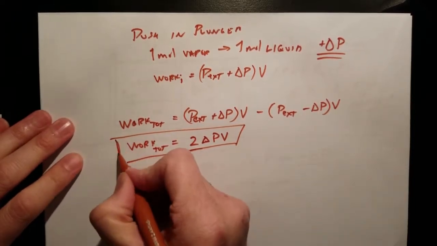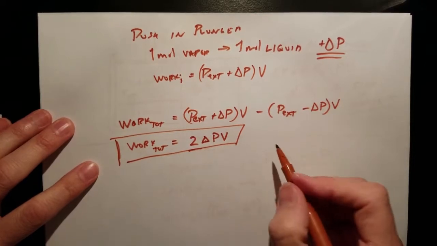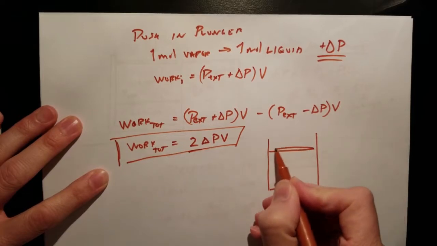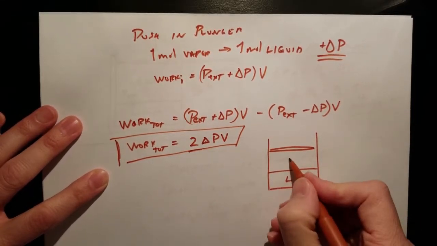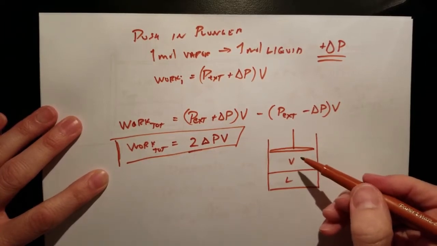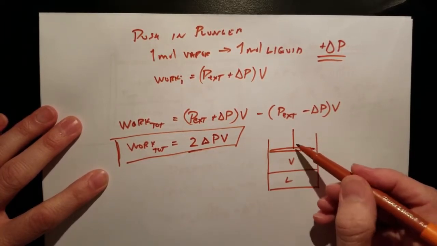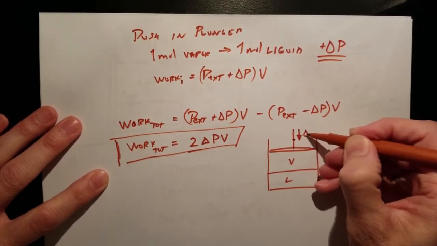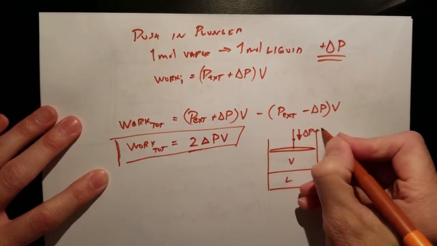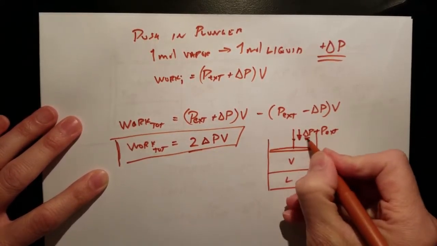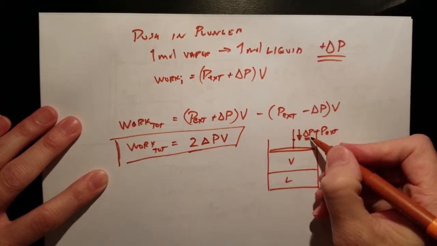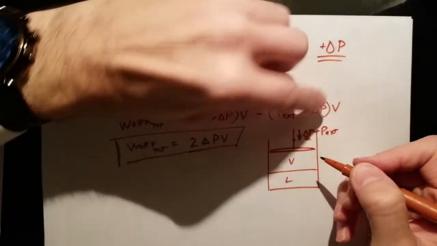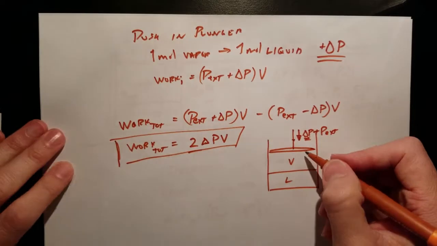Now, in our thought experiment, you can imagine a plunger and liquid and vapor. You can imagine that if you don't change this pressure, you don't apply extra pressure according to delta P, there will be no spontaneous change. So if this is zero, then nothing happens.